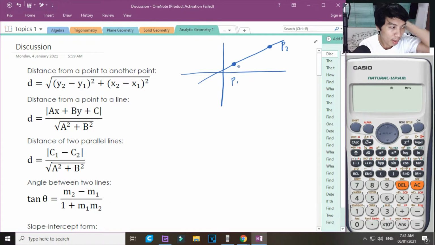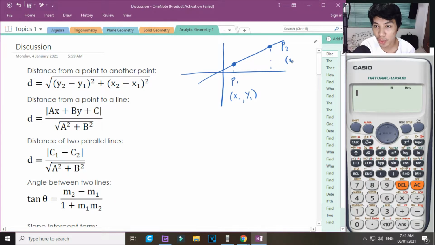Now, you connect those points, you will form a line segment. Ngayon, in order for you to know the length of the line, you should know the coordinates. Siyempre, may x1, meron kang y1, tapos meron ka ditong x2, tapos y2.